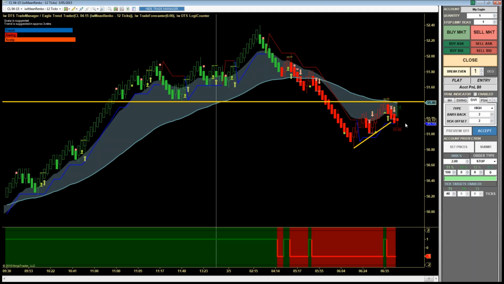Again, just waiting for that second push. Show me that this bar has got some active buying behind it, and then I can sell the low of this bar. And for the moment anyways, it appears as though the buyers are digging in.